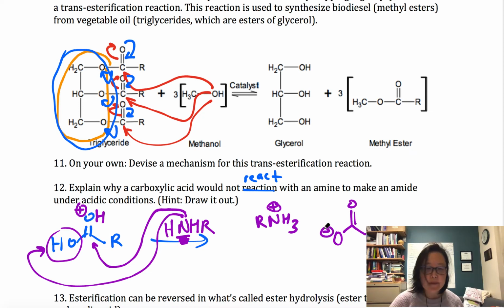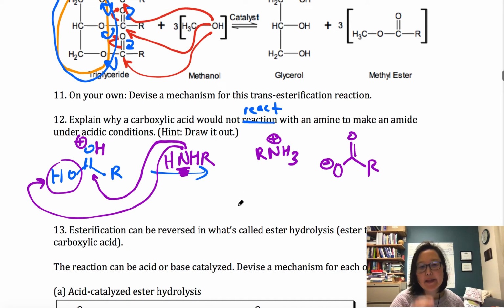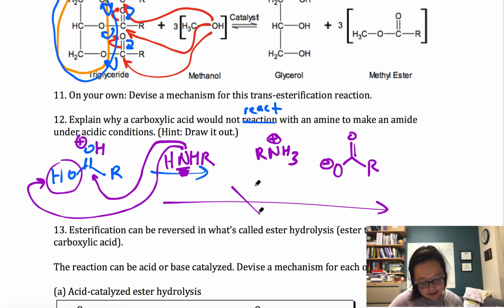Okay, so probably not the best thing to do there. So there's a different way to make an amide, but the basic idea here is it does not attack there to make an amide. So it would be nice if it did. So either H or R, it's up to you.